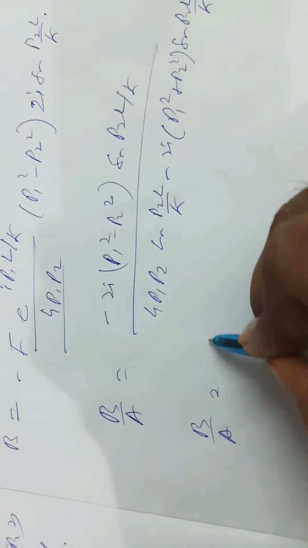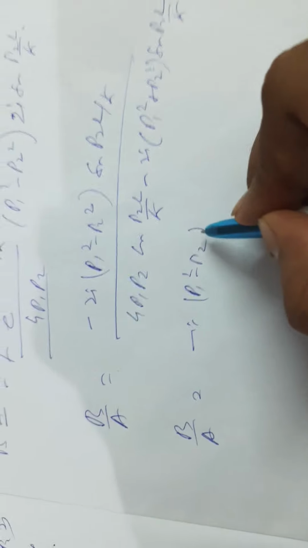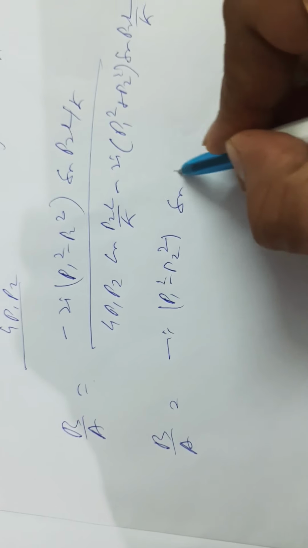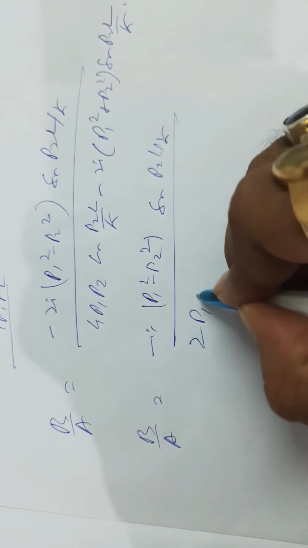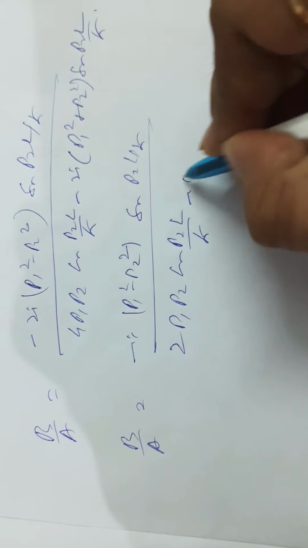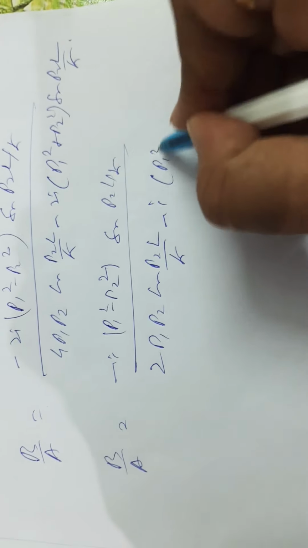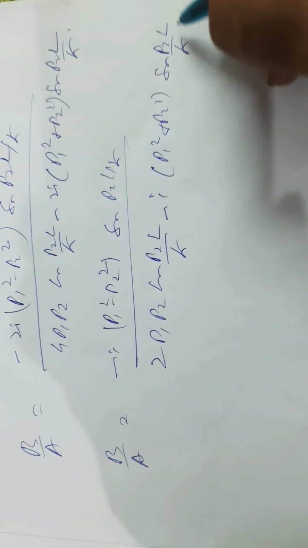b by a is equal to, again, minus i p1 square minus p2 square, then sine p2 l by h cross, whole divided by 2 p1 p2 cos p2 l by h cross minus i p1 square plus p2 square sine p2 l by h cross.